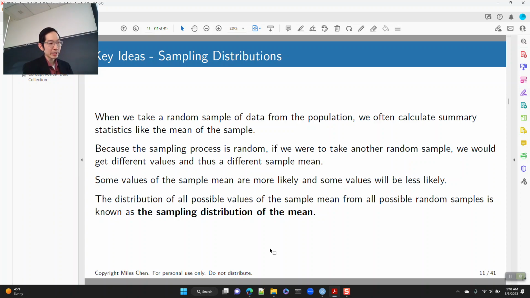When you select a random sample, you often want to summarize the values in your random sample, and so you might calculate, say, the mean of that sample.